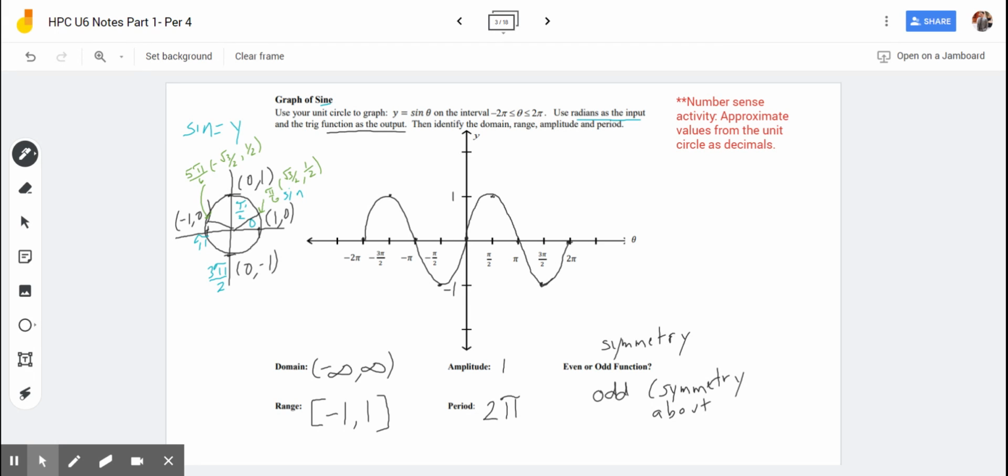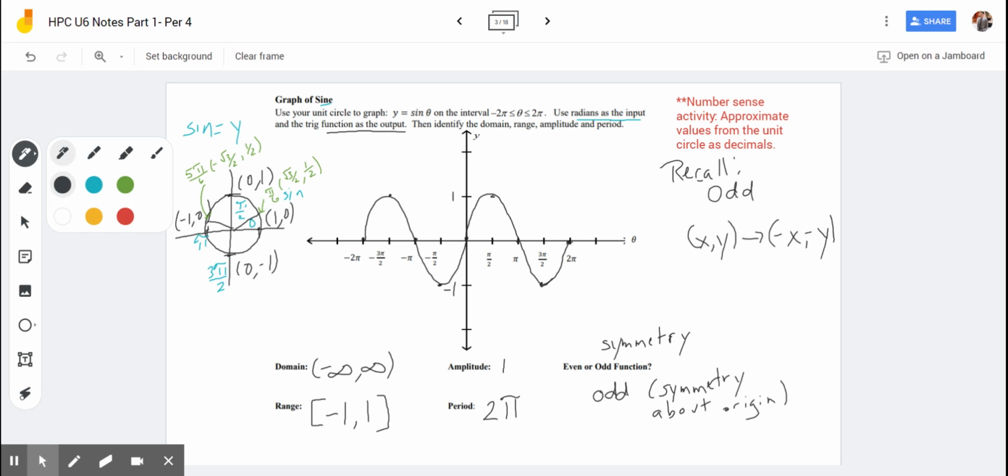The way we can tell, if you recall the definition for odd symmetry, is that (x, y) for odd functions will have (-x, -y). So I'll write recall here. For our example, at pi over 2, we're at +1, and at -pi over 2, we're at -1. I'll highlight it in yellow.